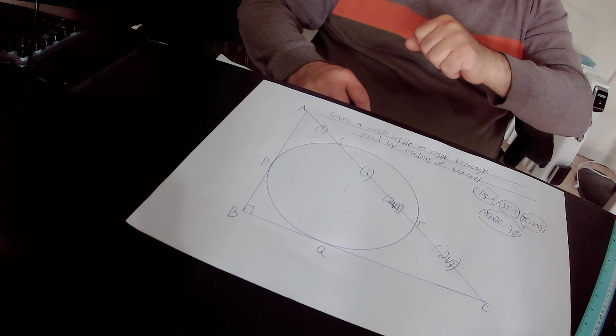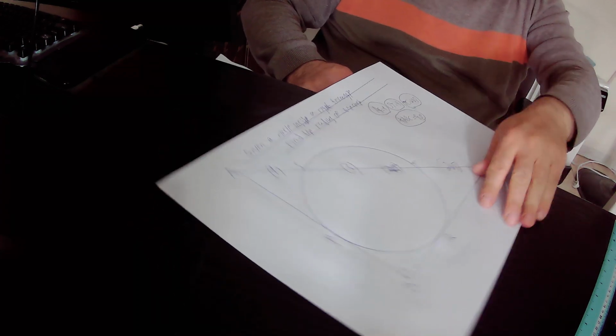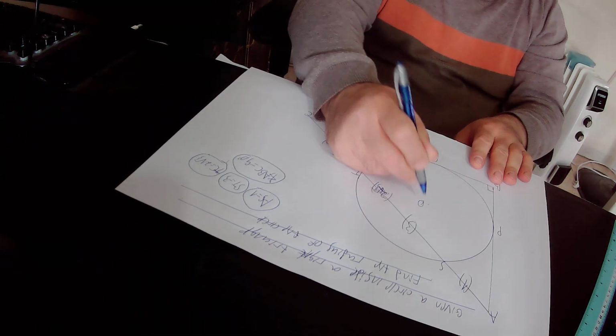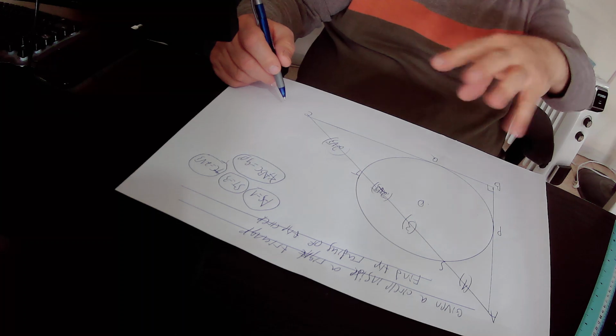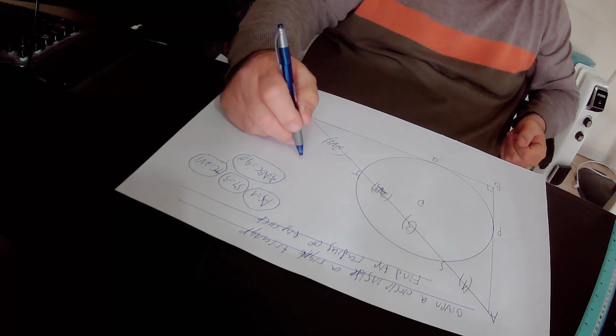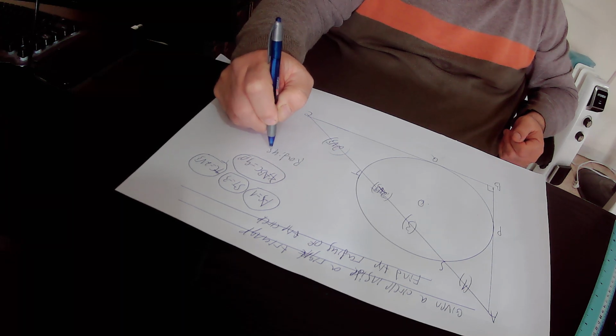So we define the center of this circle, this point, as O. And we define the radius of this circle, that is the radius that we are looking for, as X. So the radius of this circle equals X according to our definition.